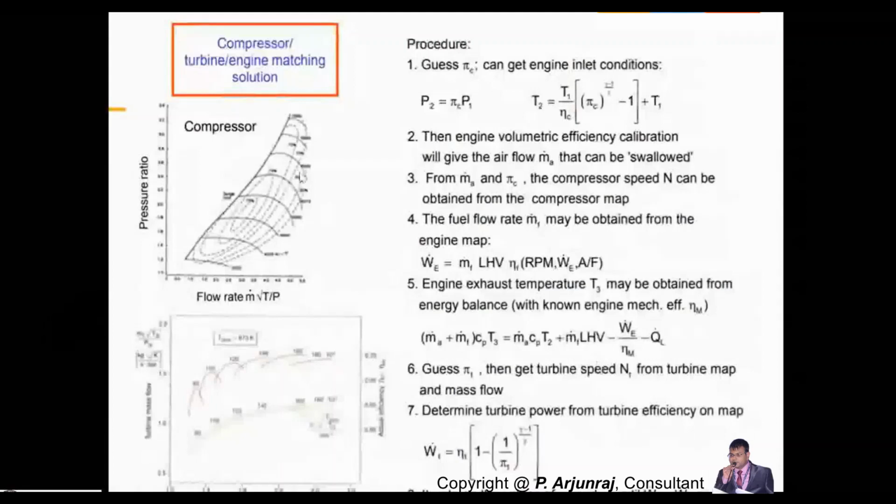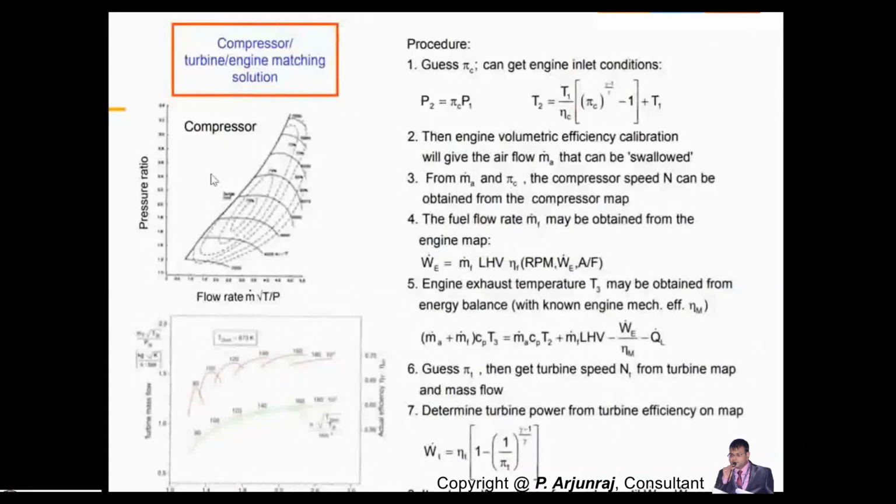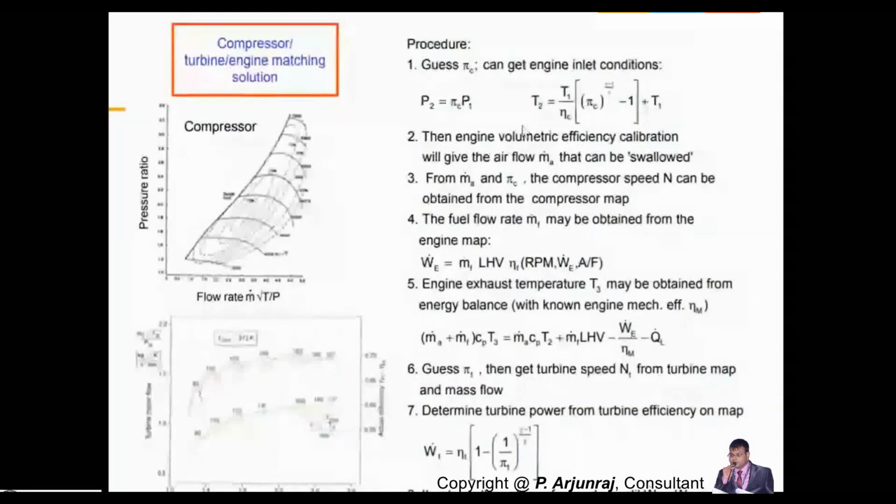So we have seen the graphs showing the air flow rate and the pressure ratio. Now we need to see how we are going to match the engine, the turbocharger turbine, and also the compressor. There is a procedure, and you need to go with that procedure.